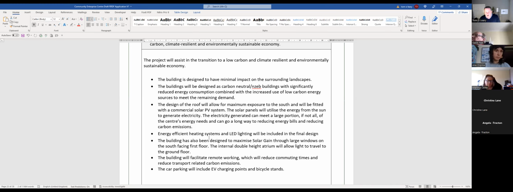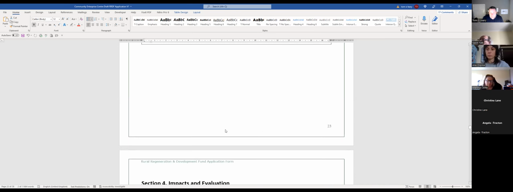They designed this with their architects in such a way that the building itself would be an example of a community building that would be very self-sufficient in terms of cost and design. They also designed it for solar gain and put in EV charging points, so they were showing that with this money, they're going to design a building that's very energy efficient, with very low carbon impact. That's important because that's a key category within the funding.